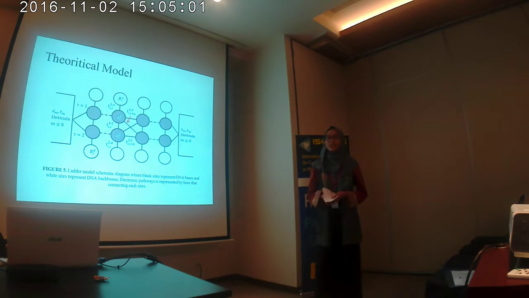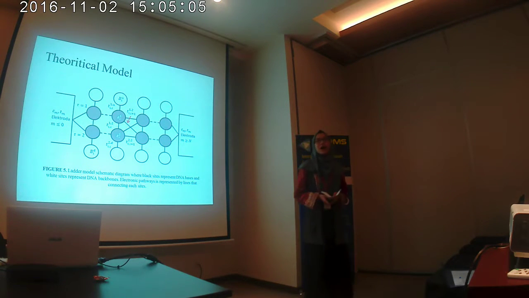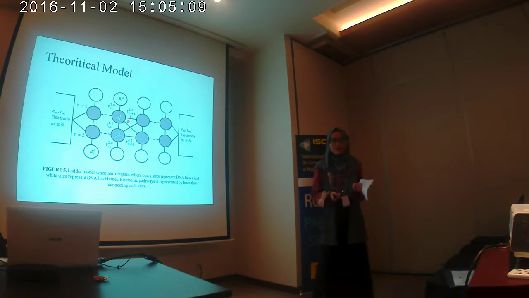This is the theoretical model that we use, which has been discussed earlier by my fellow researchers. As I use poly(VG) and poly(GC), we just replace this with guanine and this with cytosine.